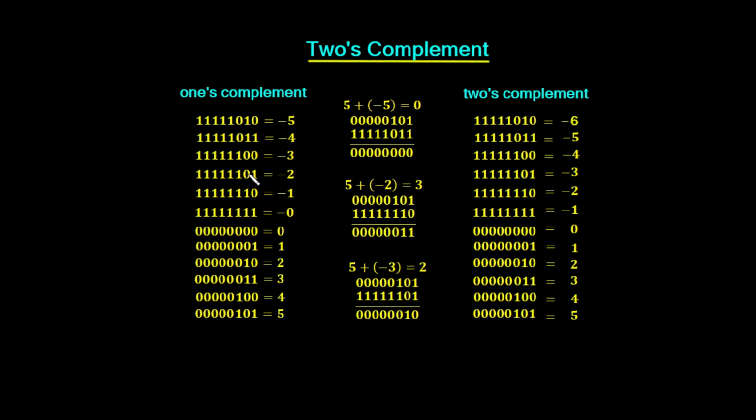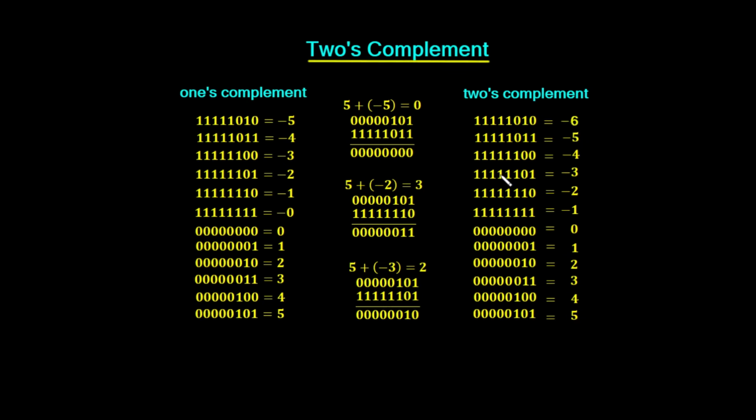Whenever I add 1 onto it, the -2 will end in 1, 0. So we go to the -2 here, and you can see it's ending in 1, 0. So I've simply added 1 to each of these in order to get the 2's complement number here. And you can see the 2's complement will now run from -6 over to 5.